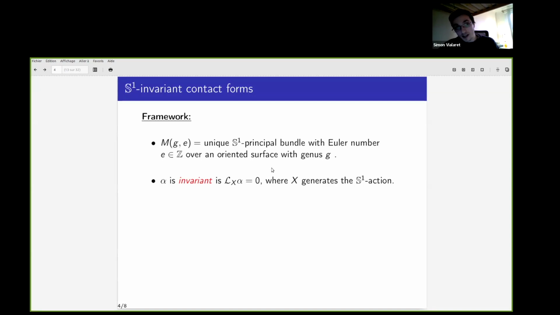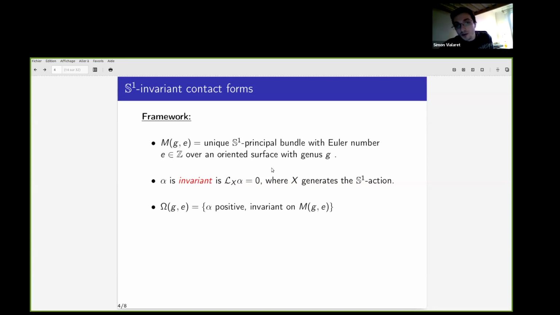And we're going to look at invariant contact forms. A contact form is said to be invariant whenever, if we pull it back by the flow of the action, we get the same thing. Another way to write it is that the Lie derivative of the contact form in the direction given by the action is 0. We're going to give a name to the space of all invariant contact forms on a given manifold.